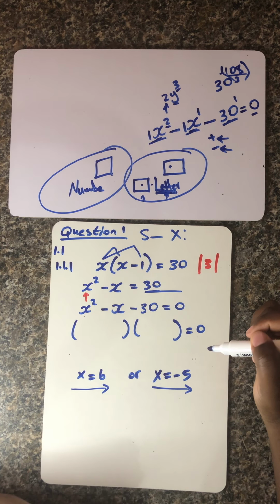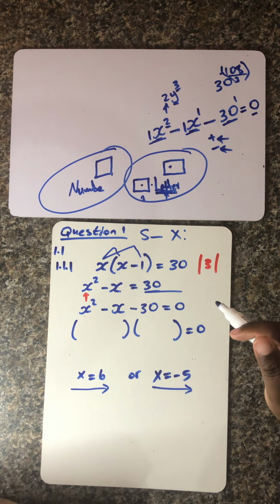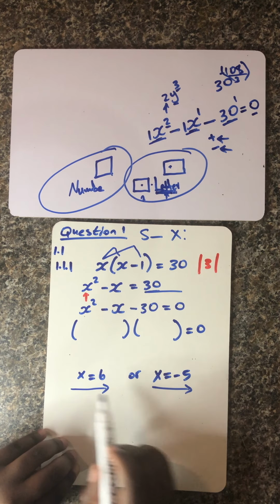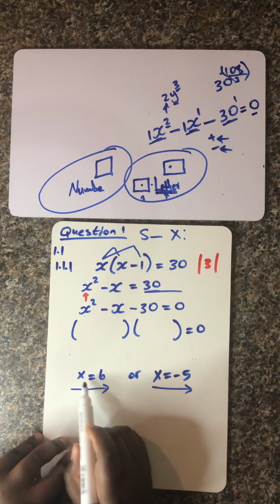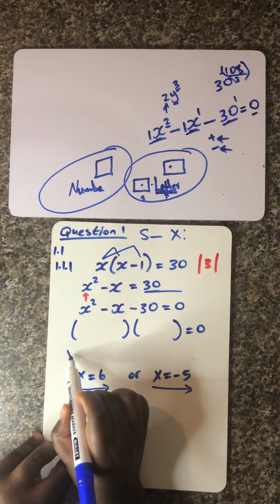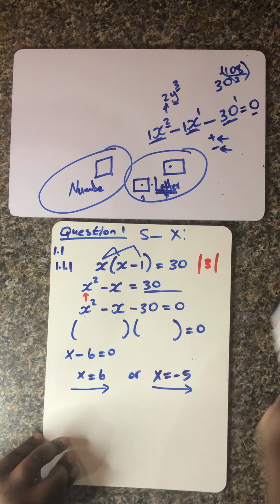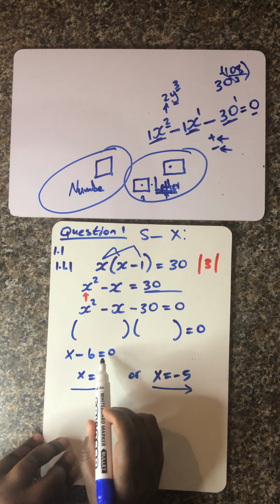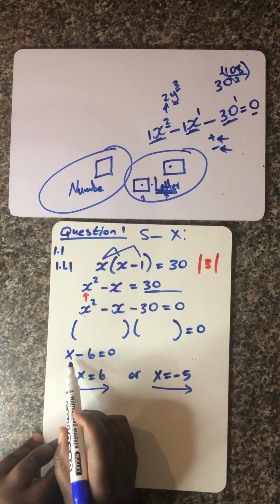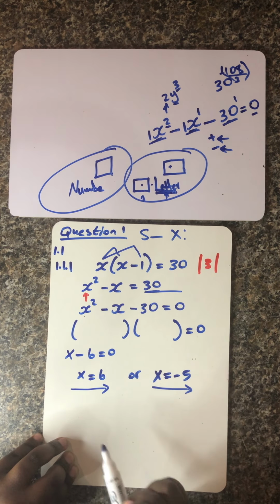So ladies and gentlemen, now we do it in reverse. Remember guys, I'm in an exam, so I've already got my final answers. For these final answers to look the way they do, it means in between you had this step, which is equal to 0. For x to be equal to 6, it was x minus 6, because you have to move it to the right so that it changes sign.